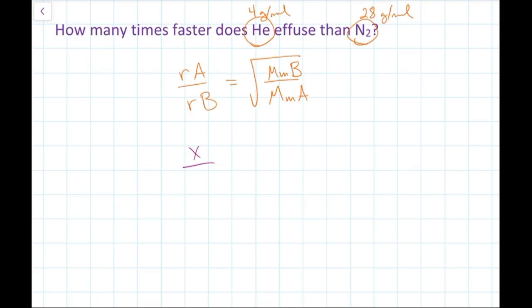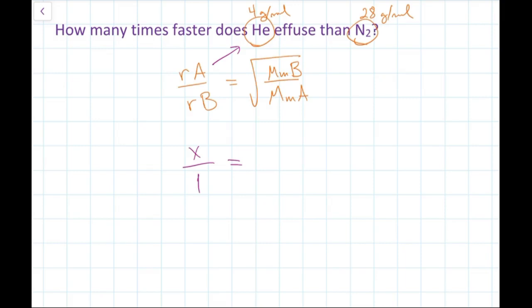And that's going to be rate A. So in this case, A is helium and B is nitrogen. So nitrogen's relative velocity is just going to be 1, because the answer to the question is going to tell me how many times faster helium moves than nitrogen, and so X is going to be a number greater than 1.